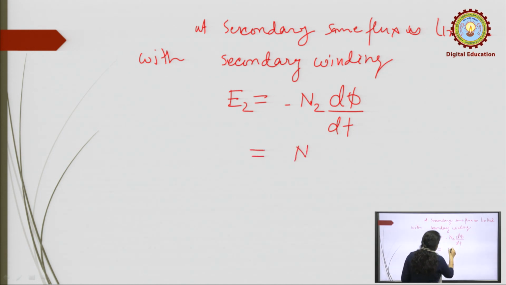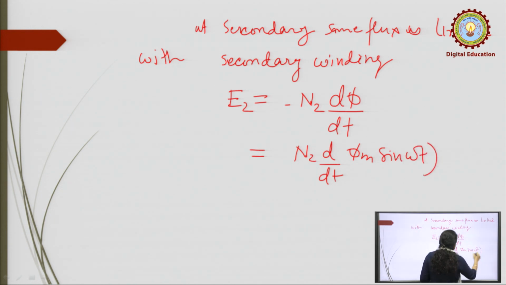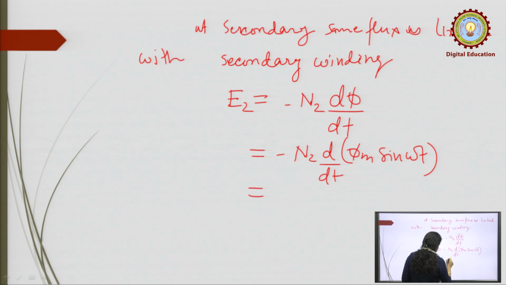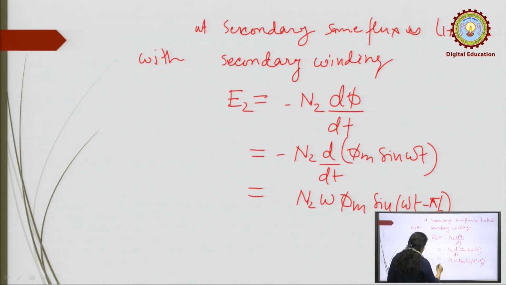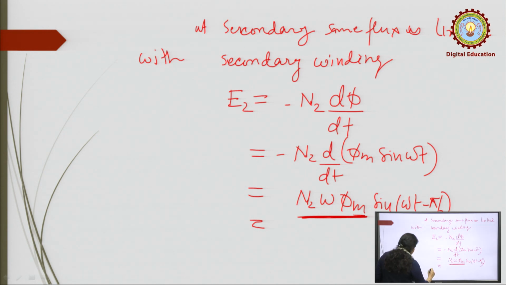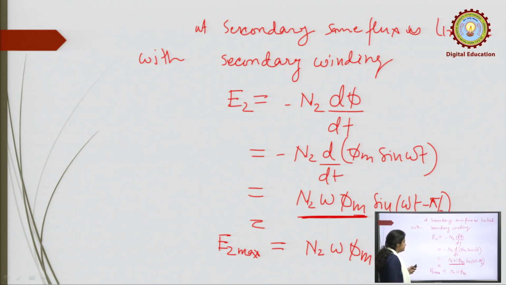So, similarly this can also be written as, so E max value is this, the E2 max value. So, E2 max is equal to N2 omega phi m. Okay.